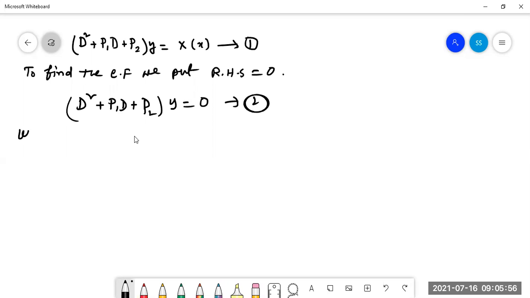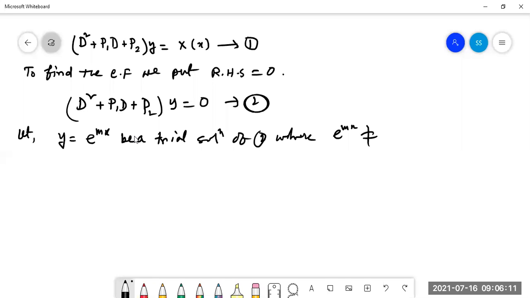Now let us consider y = e^(mx) to be a trial solution of 2, where e^(mx) is not equal to 0. Then Dy means m e^(mx) and D²y means m² e^(mx).